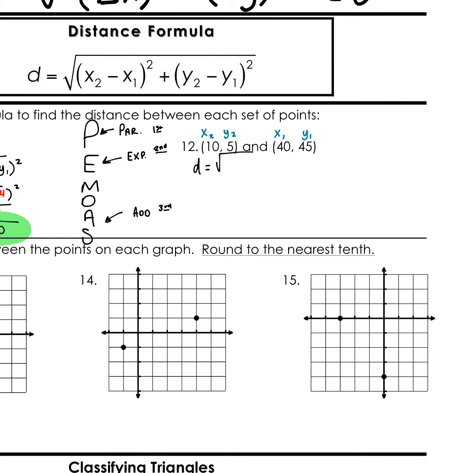So our distance formula, distance equals the square root of x2 minus x1 squared plus y2 minus y1 squared.